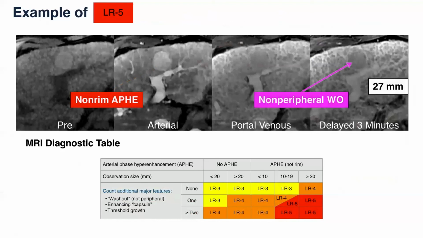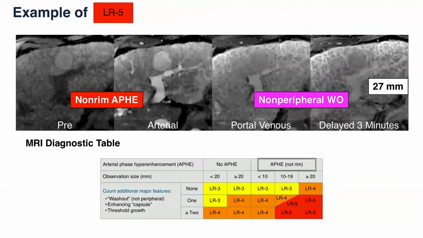And notice on the delayed images, this lesion becomes darker than background liver, so it has non-peripheral washout. Now, some of you might appreciate that there's a rim of enhancement around this observation, but this rim is not thicker than the fibrosis surrounding the background nodules, so this does not qualify as an enhancing capsule, and I would say this observation only has non-peripheral washout.